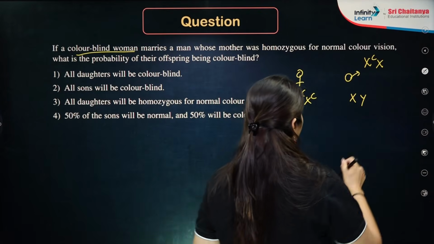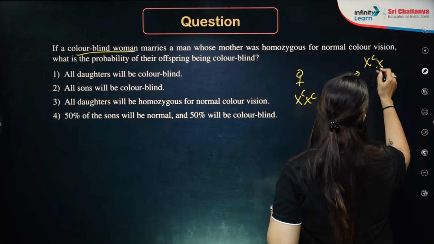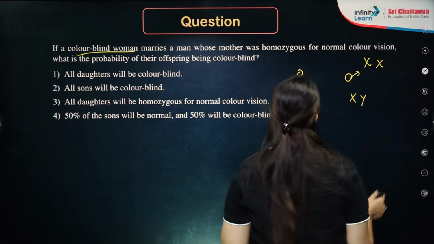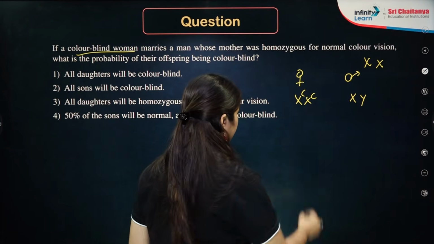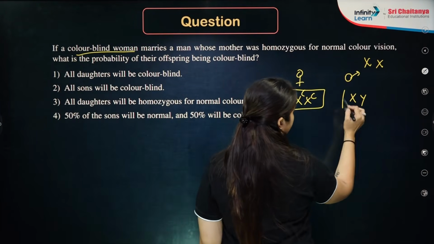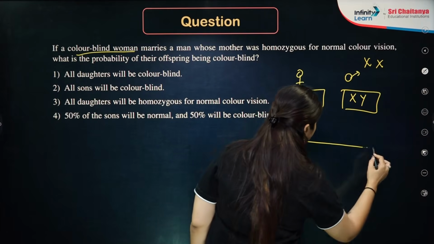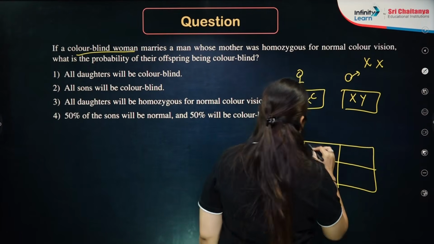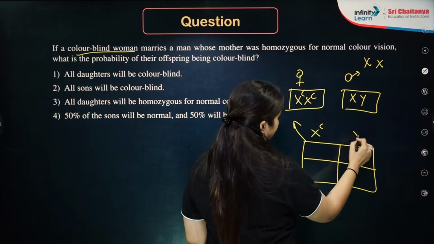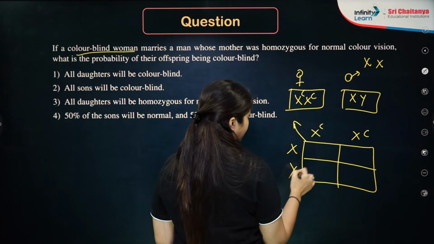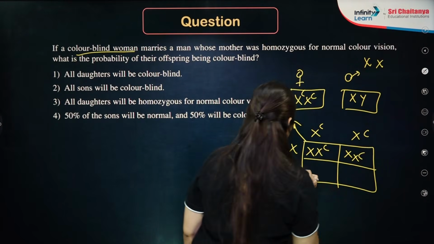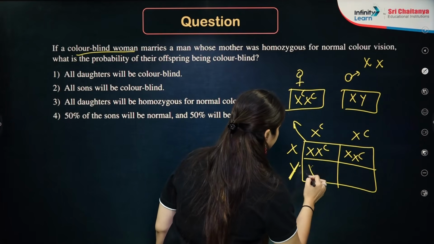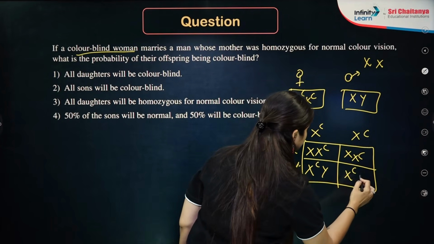So the man is normal. Perfect. What is the probability of their progeny? This is female, this is male. We will make a Punnett square. Here it is Xc, here X and Y. So we have XcX, XcX, XcY, XcY.